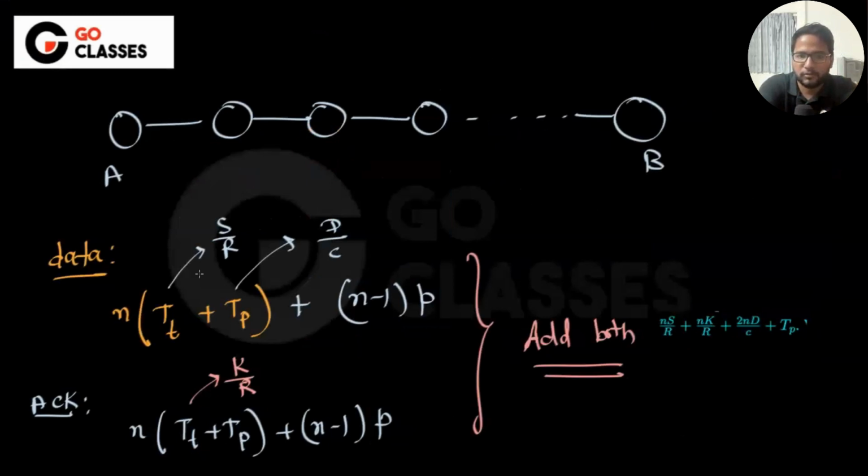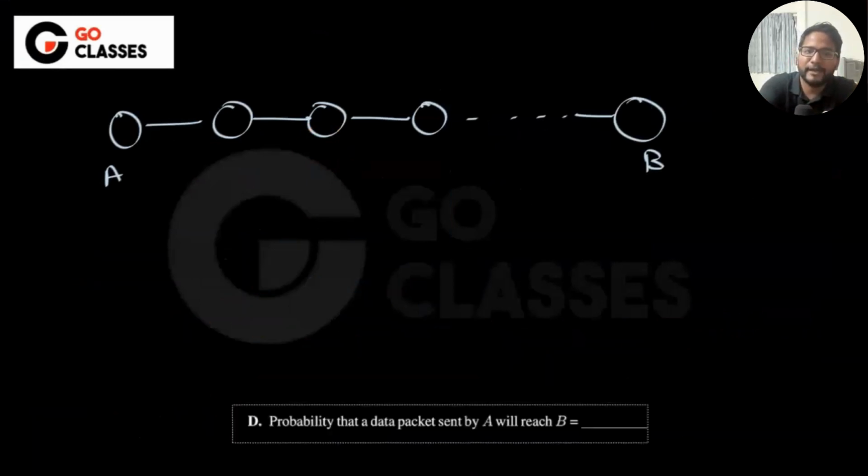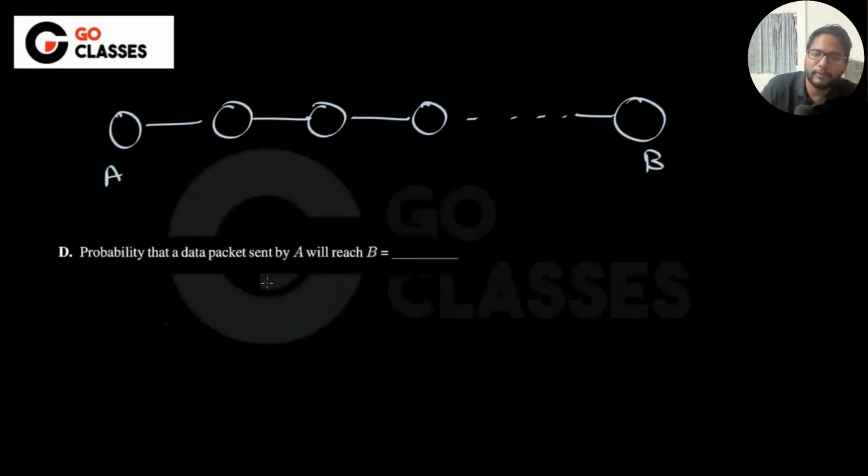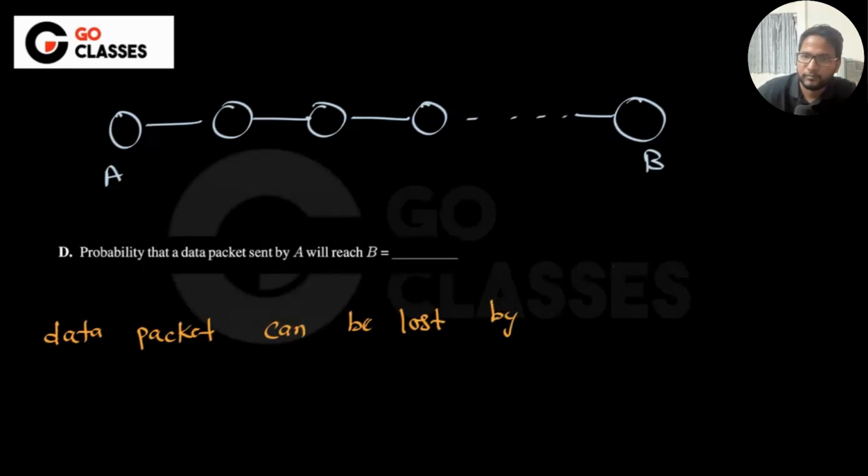So if the packet can get lost with the probability P, what is the probability that this data packet will reach safely to B?